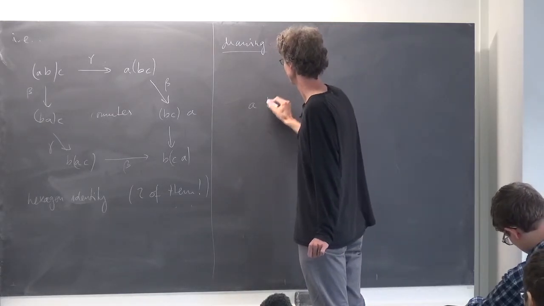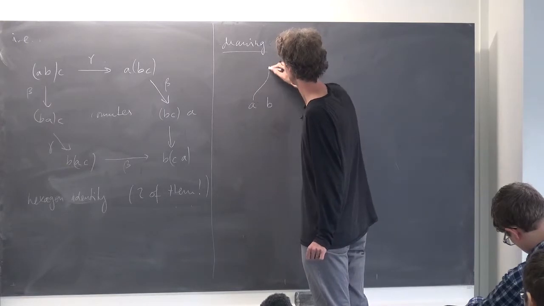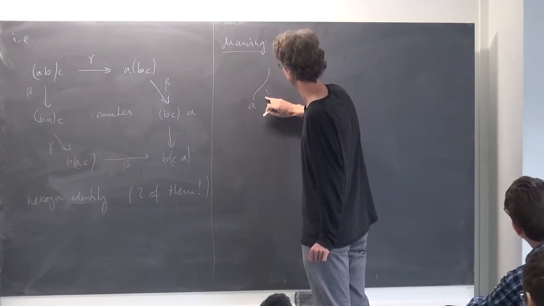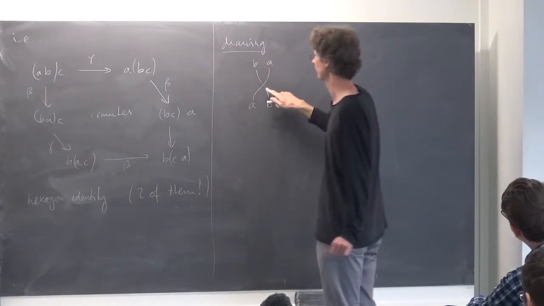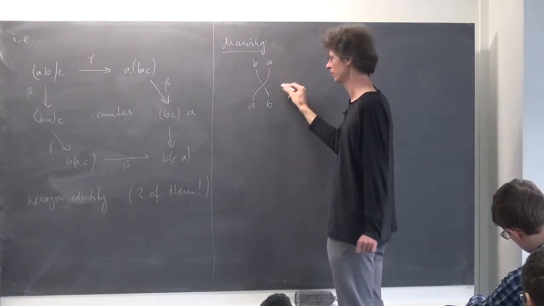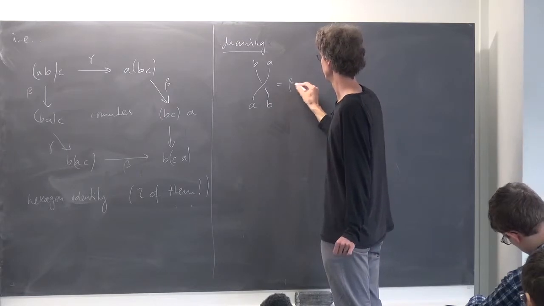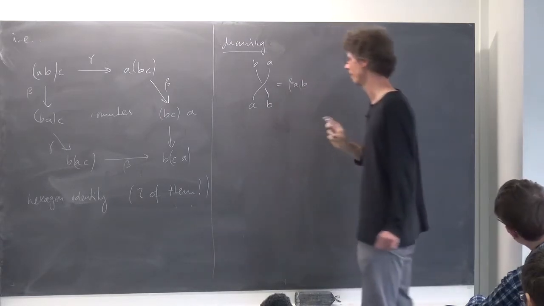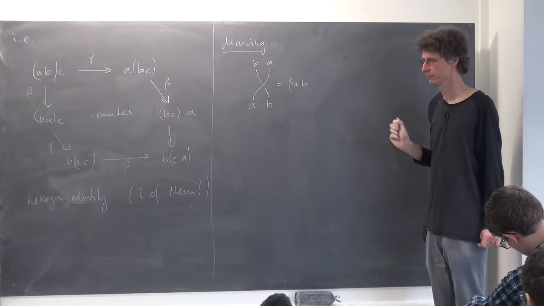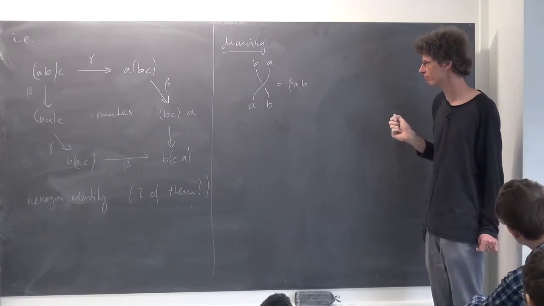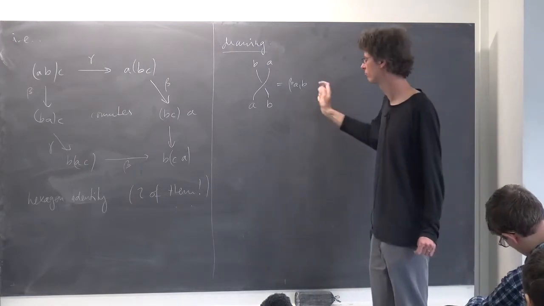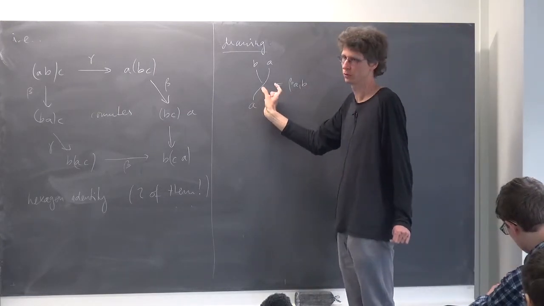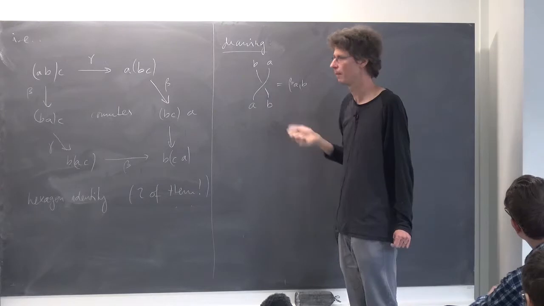So A, B, sorry, this B is too long. B, A. So this kind of thing, that's what is beta AB. We're going to represent it with this kind of single crossing.